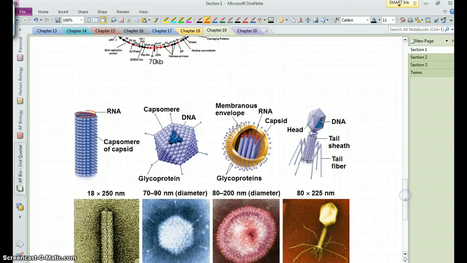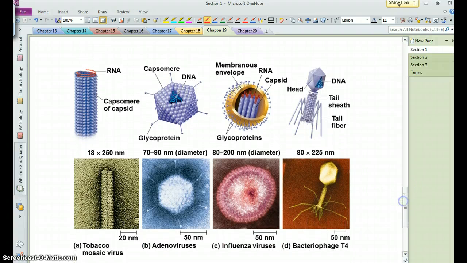The basic structure of a virus is the protein coat, or the capsid, and some nucleic acid inside. The capsid, as you see, can come in various shapes, including the phage type virus, the ones that infect bacteria, that look like little spaceships.